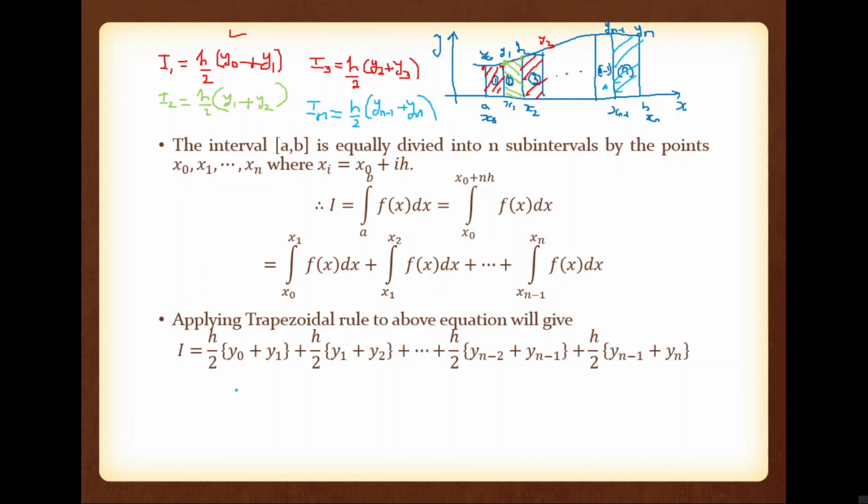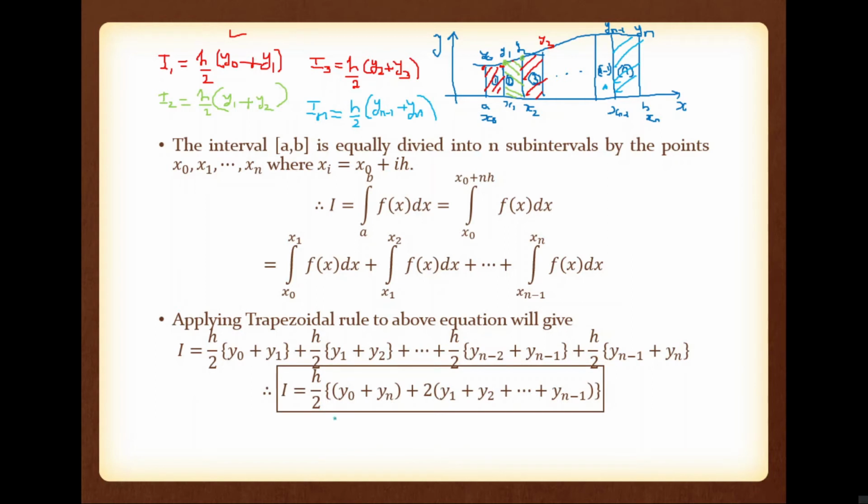We can write the composite trapezoidal rule, that is I is equal to h by 2 into, in curly brackets, first the parenthesis y0 plus yn, plus 2 into y1 plus y2 plus etc. plus yn minus 1.